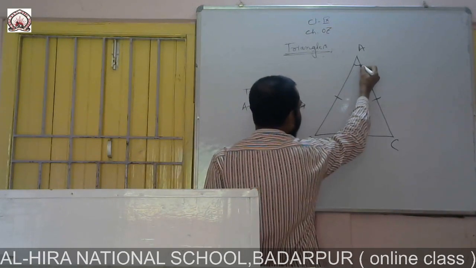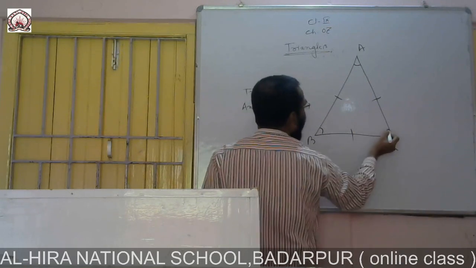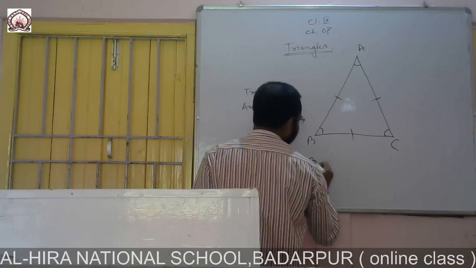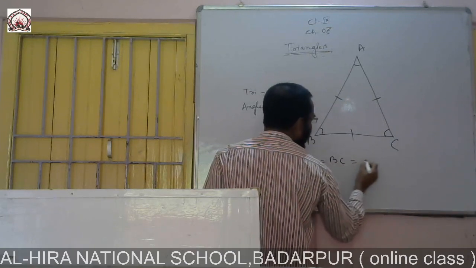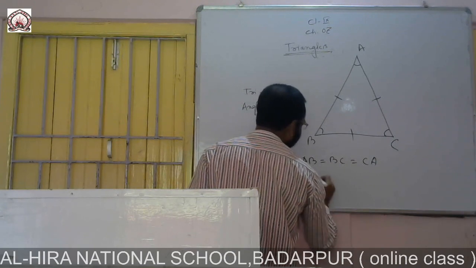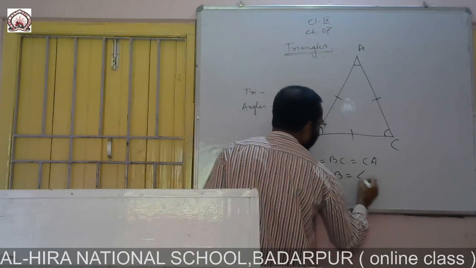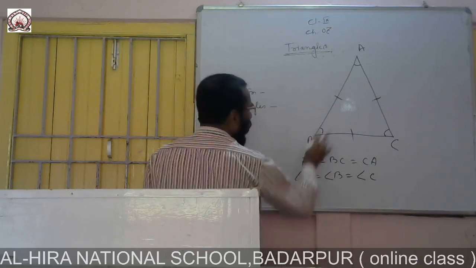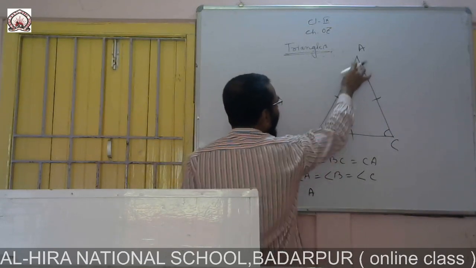Obviously, there are 3 angles. The sides are AB, BC, CA, and the angles are angle A, angle B, angle C. The vertices are where 2 lines meet.